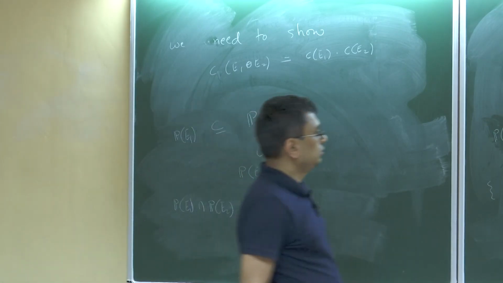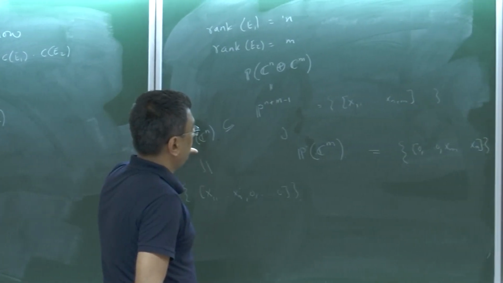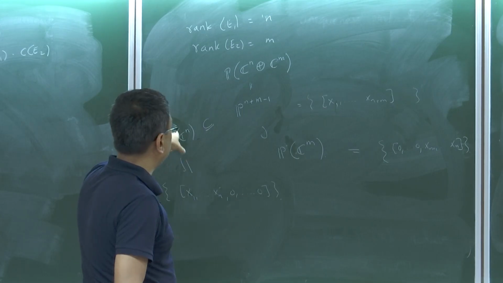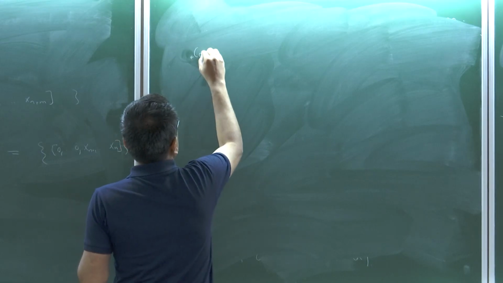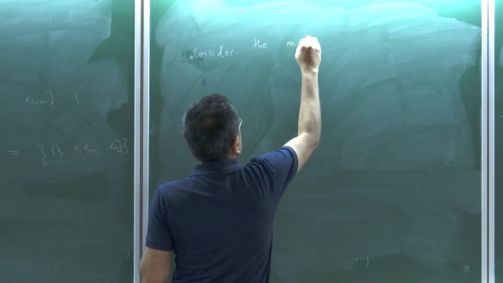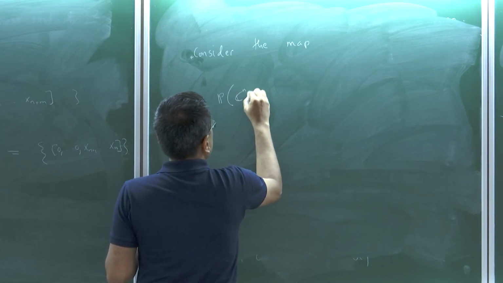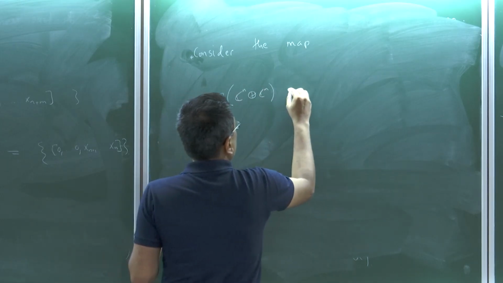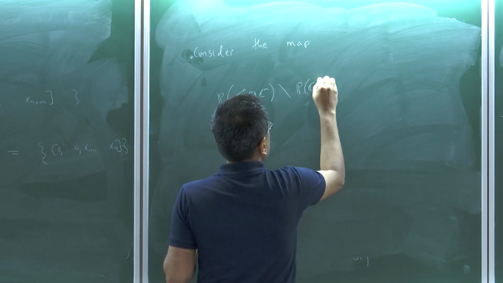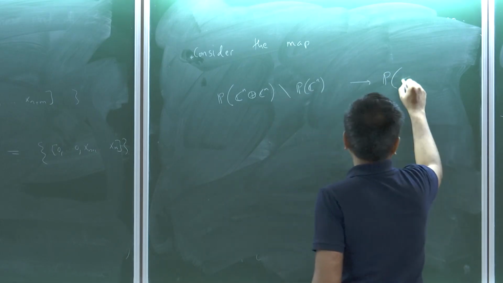Okay, now I want to take the complement of this. So consider the map from P of Cn direct sum Cm minus P of Cn to P of Cm.